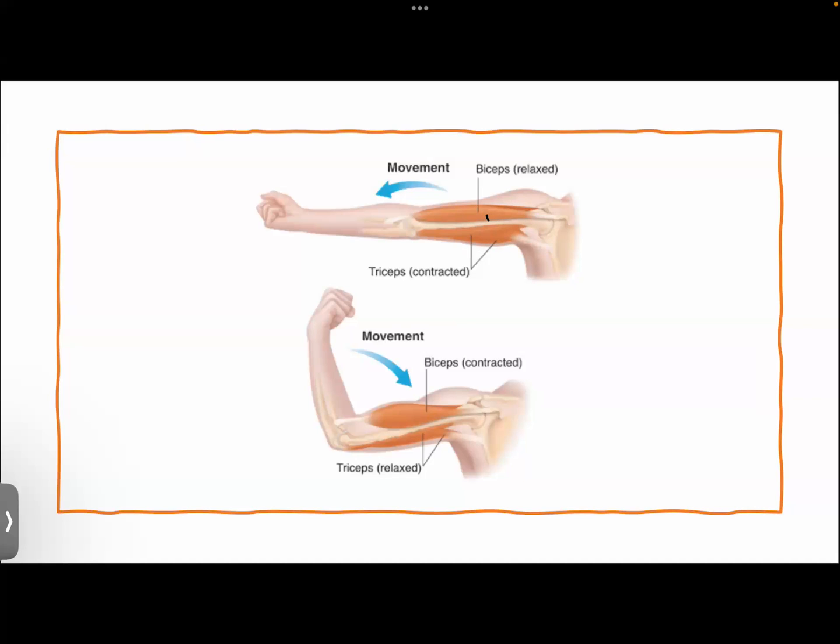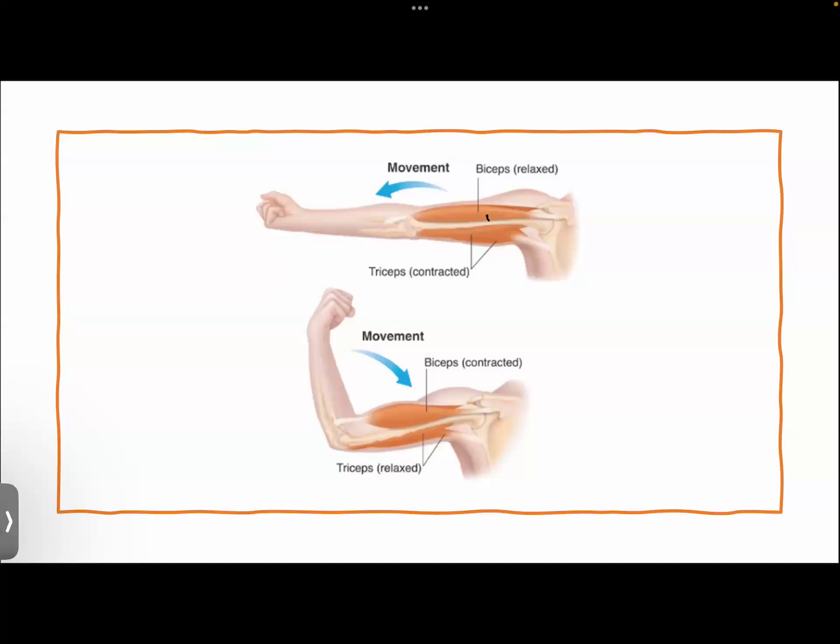So, say when we stretch out our hand like this, the bicep muscles are relaxed. Right now, you guys can do this in the class. Just stretch out your hand and touch your biceps, so it will be relaxed. While when you touch your triceps, it will be contracted.